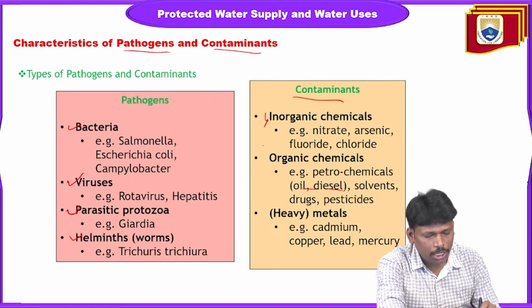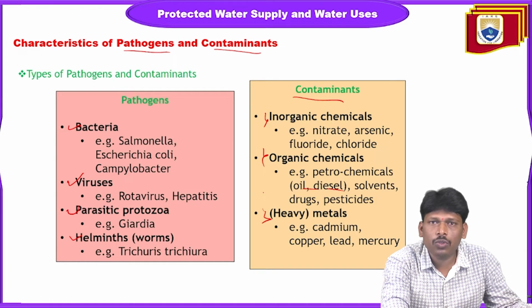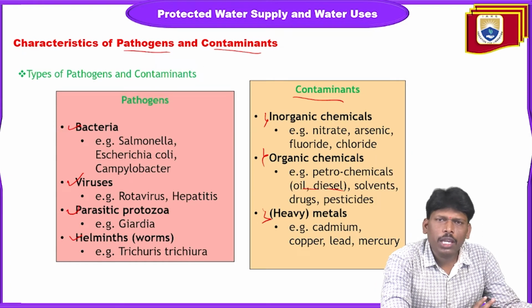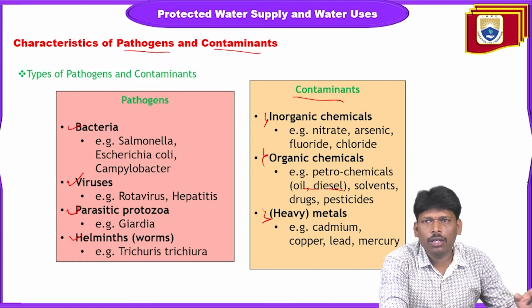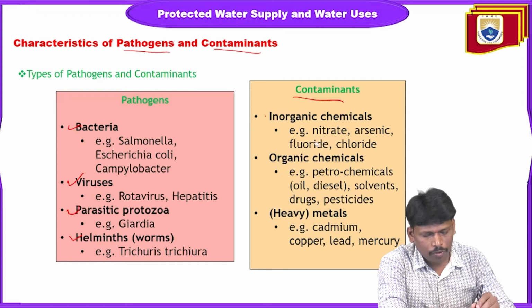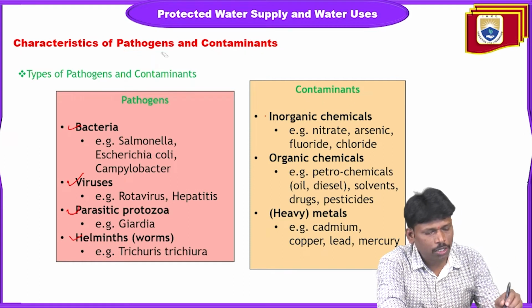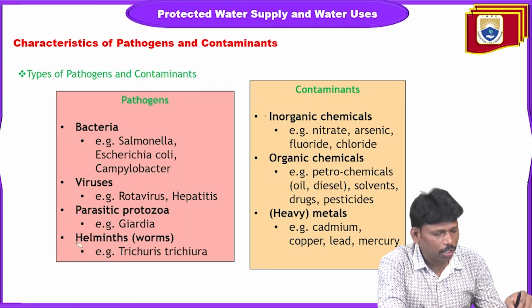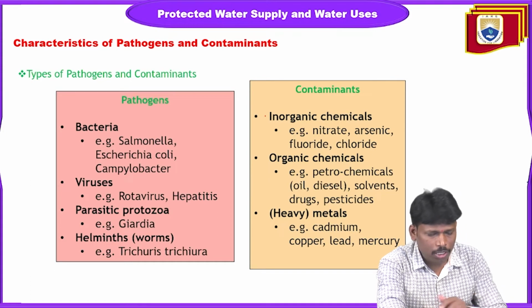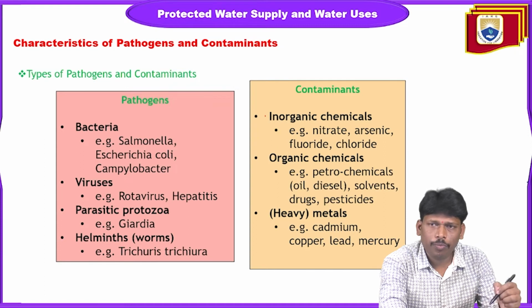There may be many possibilities of these wastes mixing into our source. If you see our current trends, due to a lot of urbanization, industrial growth is increasing, and industrial waste may mix with the protected source water.